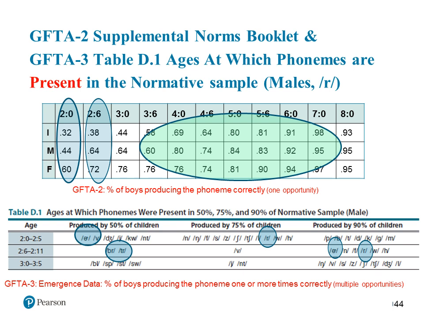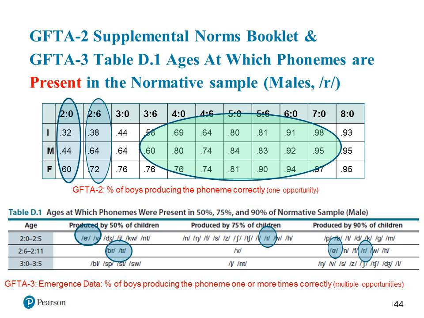So if we look at R for males, that first table, we can see that initial position, roughly 32% of the children in that sample produce the correct R. But it isn't until, if you look, at age 6 to age 7, that 90% of those boys in that sample were able to produce it correctly all the time. And all the time in GFTA-2 meant one time.